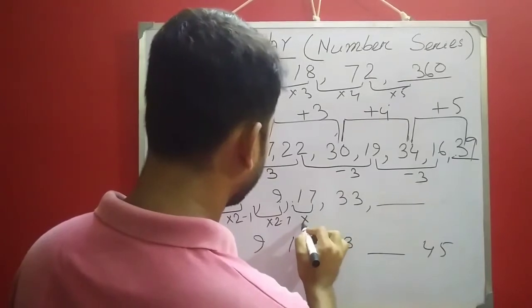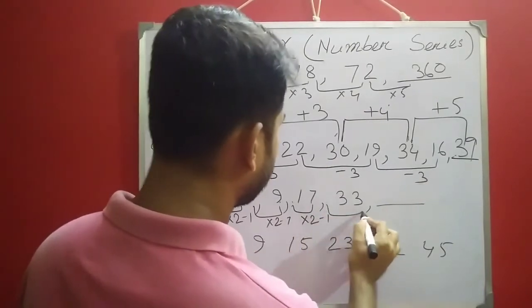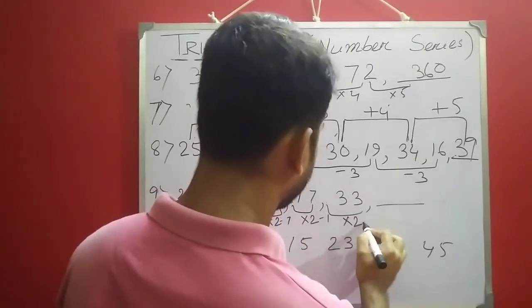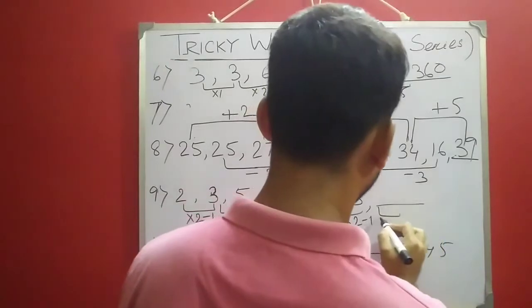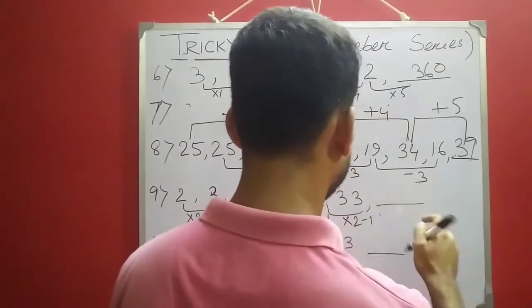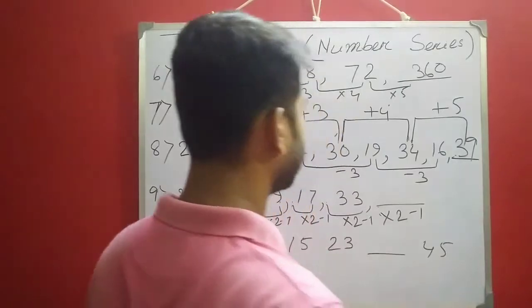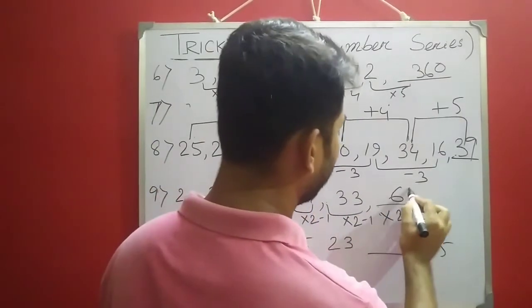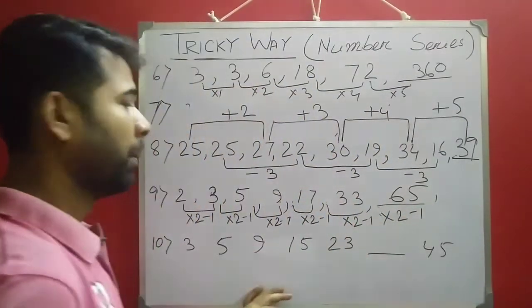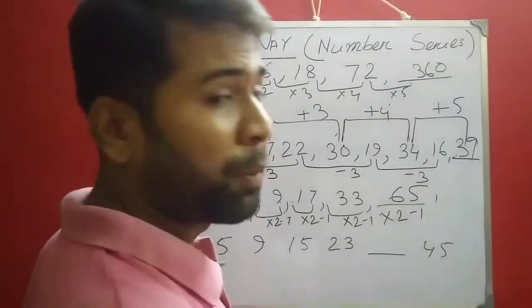Similarly 9 into 2 minus 1, and 17 into 2 minus 1, and so it will be 33 into 2 minus 1, means 65. Clear? But you have to practice more.